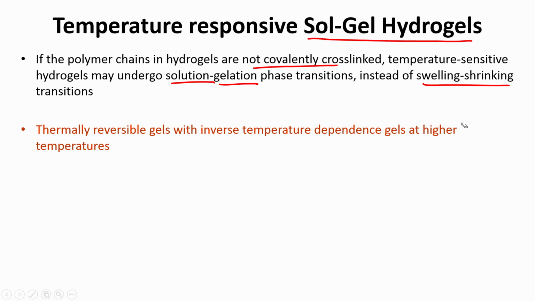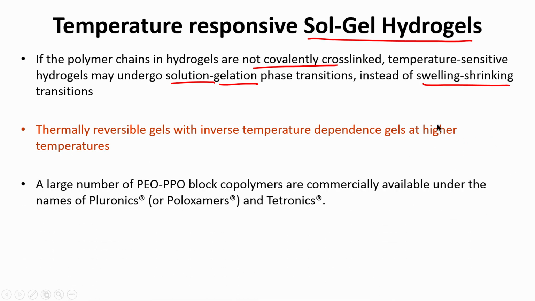That means at high temperature they will become solution and at lower temperature they will become gelled. A large number of PEO and PPO block copolymers that are commercially available, including the Pluronics, can have this sol-gel behavior with these temperature changes.